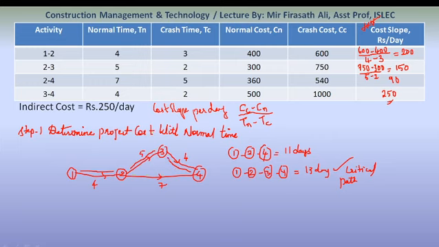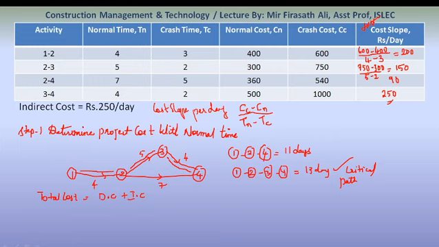Now we need to determine the total cost. Total cost is direct cost plus indirect cost. What is direct cost?